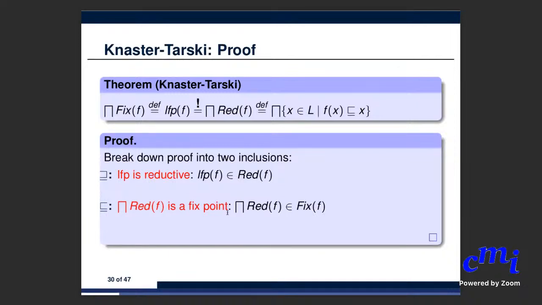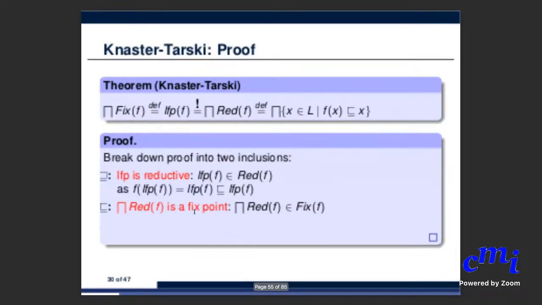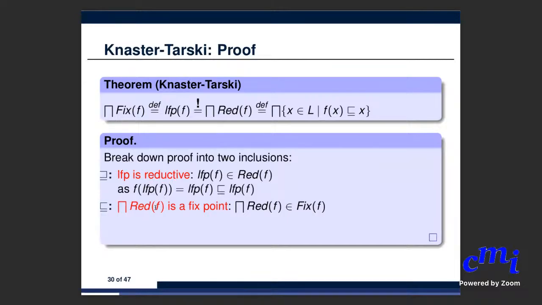Once you show this, and since LFP is always in the reductive set, and this is the greatest lower bound of all the fixed points, therefore that is also the least fixed point. So what remains to be shown is that indeed the greatest lower bound is a fixed point.